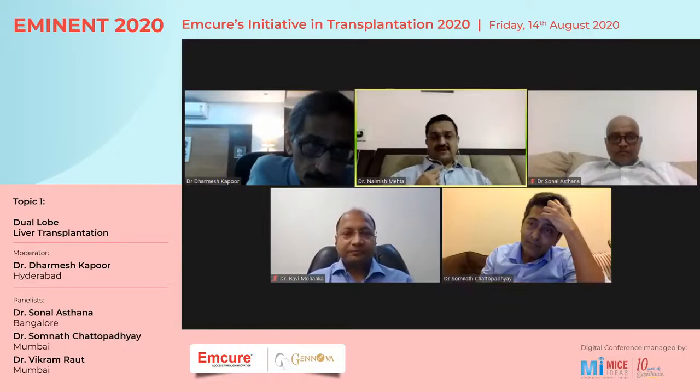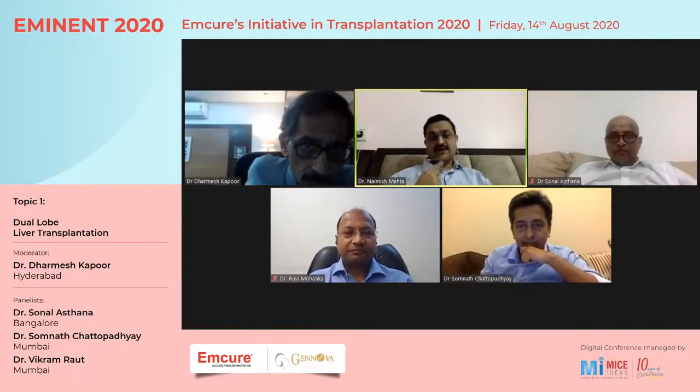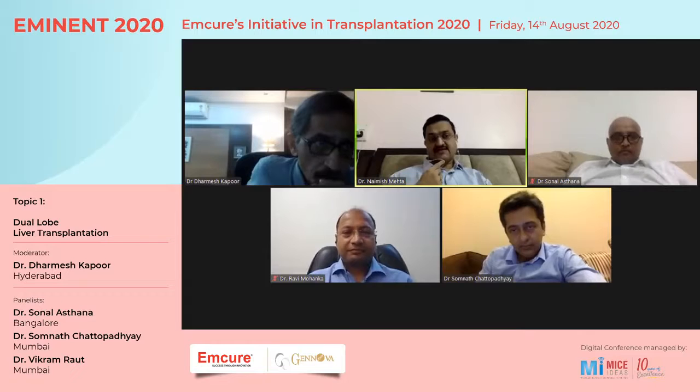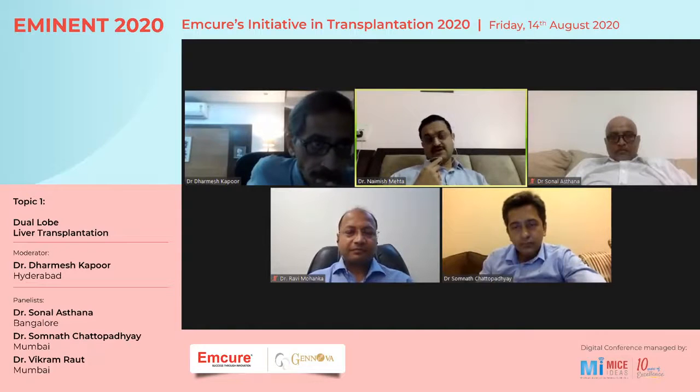So yes, I agree. Now, coming to answering the first part of your question, about anterior sector drainage. Fortunately, in the graft which we had on the right side, segments 5 and 8 were draining into the RHV as well, and hence, if you noticed in the video, we did not reconstruct the middle hepatic vein.